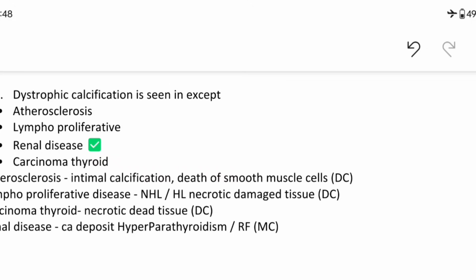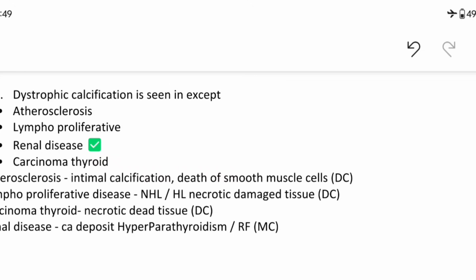Option number 2, that is the lymphoproliferative disease. In lymphoproliferative disease, like Hodgkin lymphoma and non-Hodgkin lymphoma, there is necrosis happening inside the lymph nodes and inside the spleen, and the calcium getting deposited in the dead and necrotic tissue is dystrophic calcification.